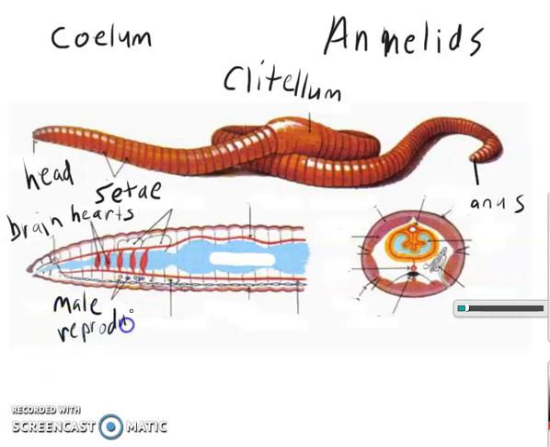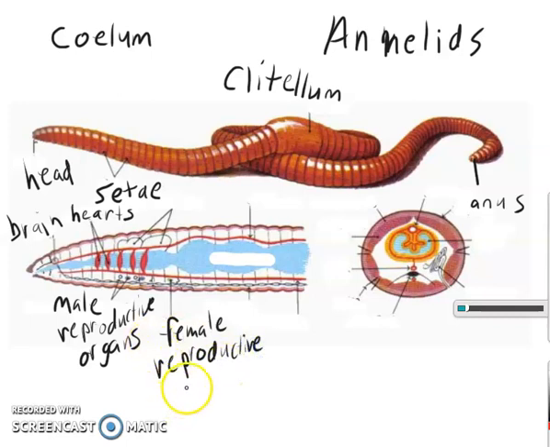And not far from that is the female reproductive organs. So as you can see, earthworms are hermaphrodites, meaning they contain both male and female reproductive parts.